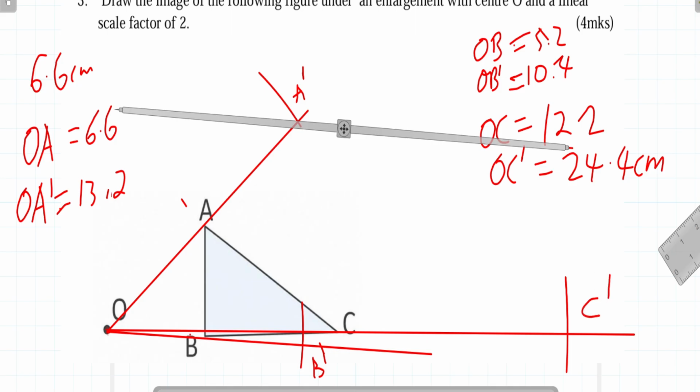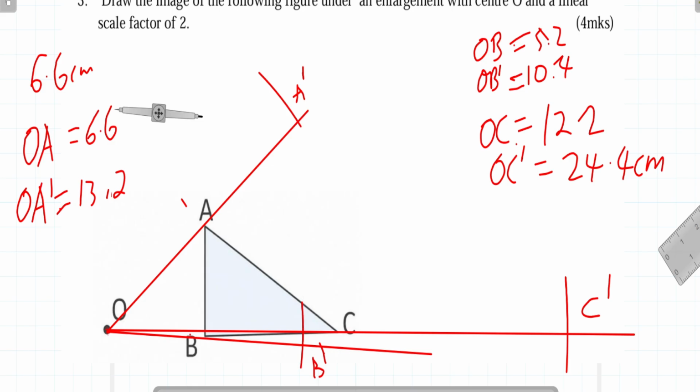Now okay. I have made this thing long, let's shorten it for now. So we won't use it again. Now connect the dots. Connect the dots: A prime, B prime, C prime. Let me use a different color so that at least you can see it is not the same.